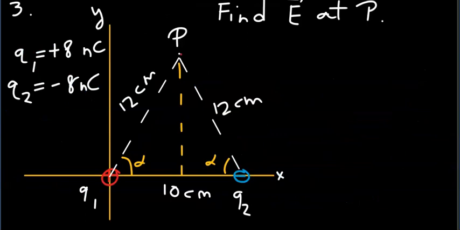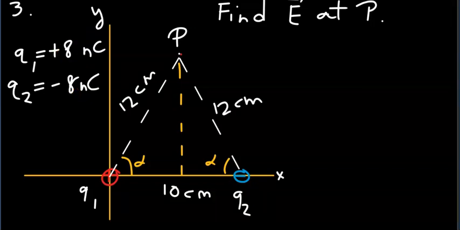Problem 3. Now you have a couple of charges, Q1, which is a positive charge with magnitude 8 nanocoulomb, and Q2, which is a negative charge, the same magnitude, 8 nanocoulomb, placed along the x-axis 10 centimeters apart.